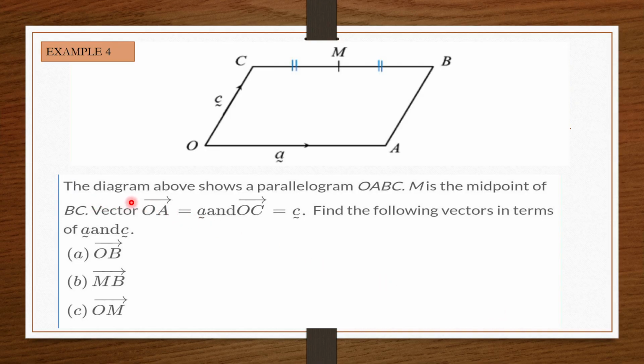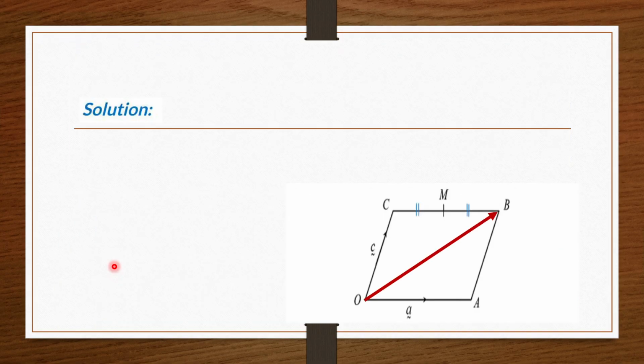Okay, the diagram above shows a parallelogram OABC. M is the midpoint of BC. Vector OA equals A. Vector OC equals C. Find the following in terms of A and C. The first question, you are asked to find OB. OB is the diagonal of the parallelogram.